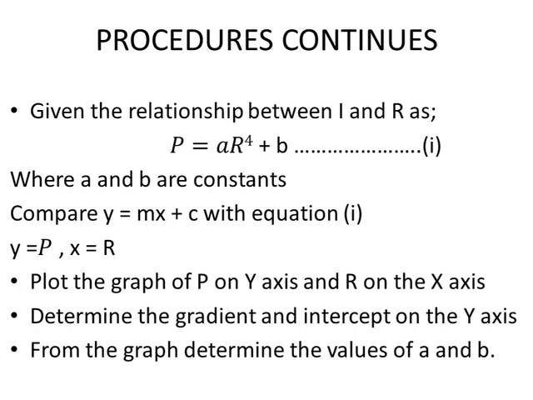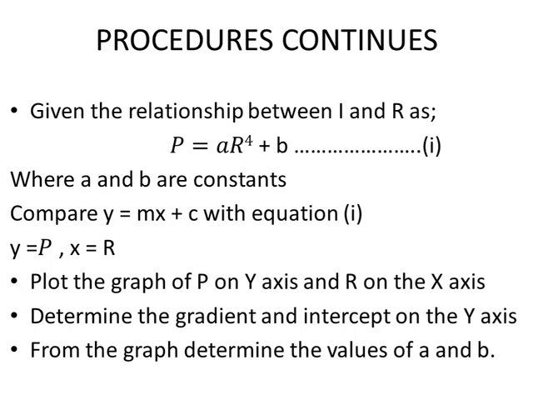So whatever the case may be, if you are plotting P against R raised to power 4, it means your slope will be equated to that A, then your intercept will be B. But if you are plotting A against R alone, it means your slope will be equated to A R raised to power 3.